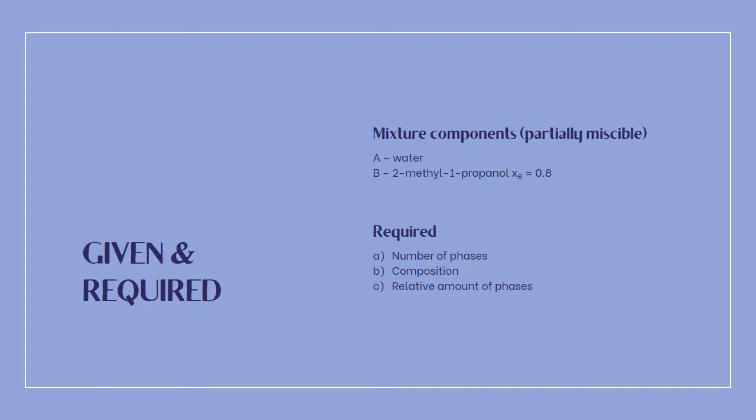The required are the number of phases, the composition of each component in each phase, and the relative amount of the phases. We're also going to describe what happens to the mixture as temperature rises.